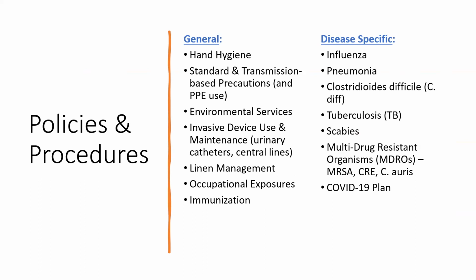This is not a comprehensive list, but as you can see, we have hand hygiene, transmission-based precautions and PPE use, environmental services, linen management, immunizations, occupational exposures, those disease ones, TB, C. diff, MDROs, and also the COVID-19 plan, which is not a policy or a procedure, it is a plan, but nonetheless is informative information on the purpose and procedures with regard to response activities and infection prevention and control measures that should be implemented within your facility in response to COVID-19.